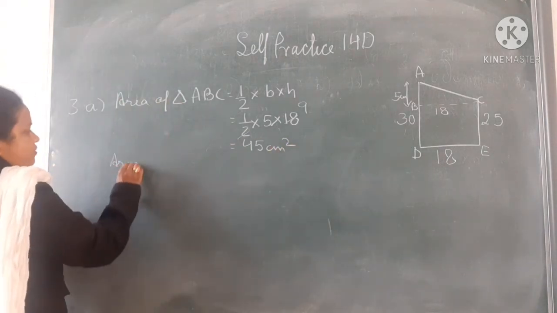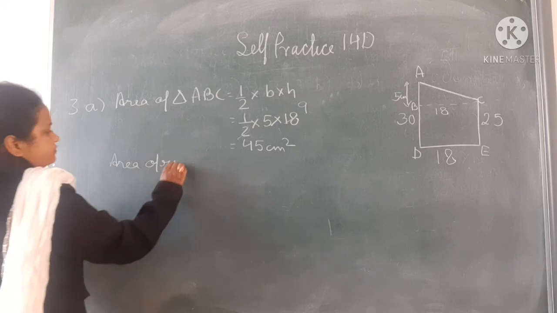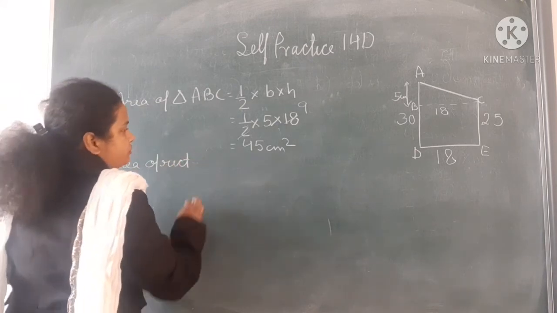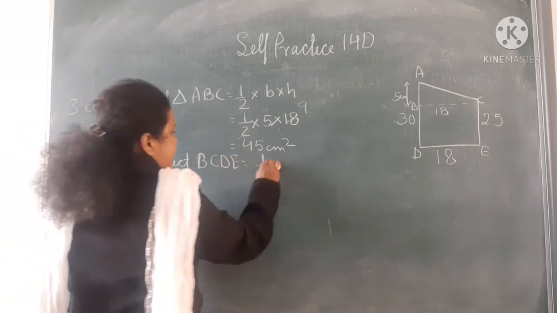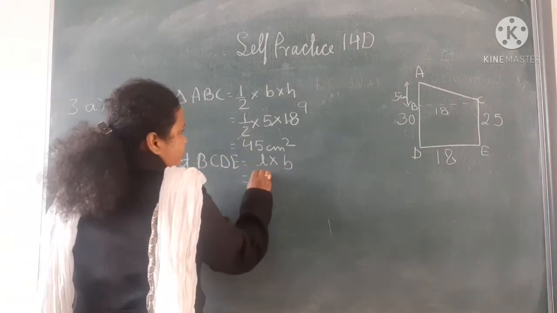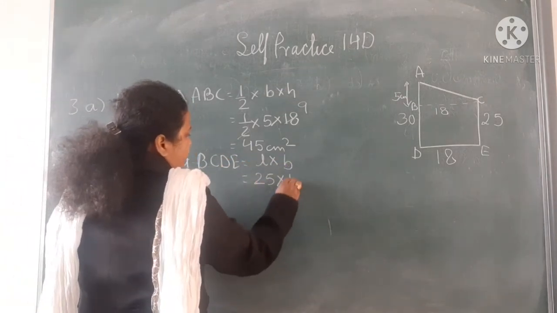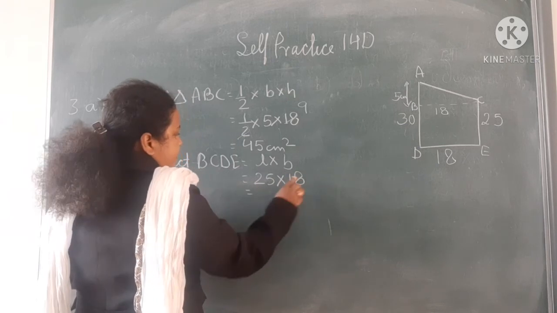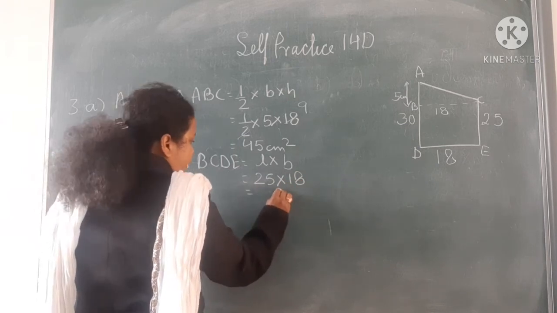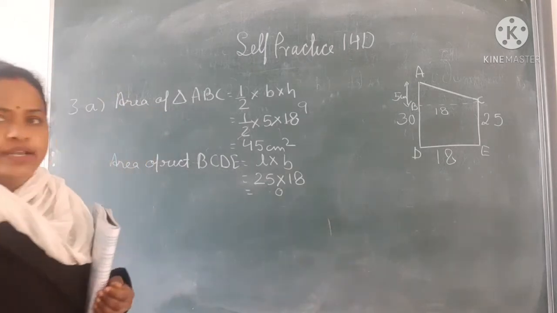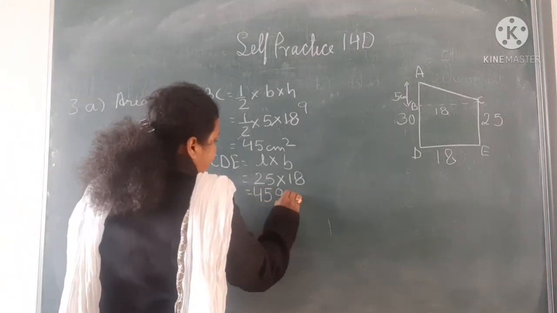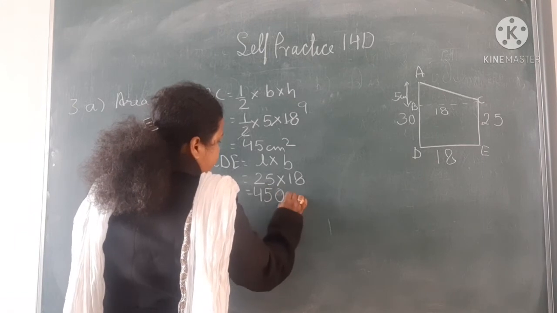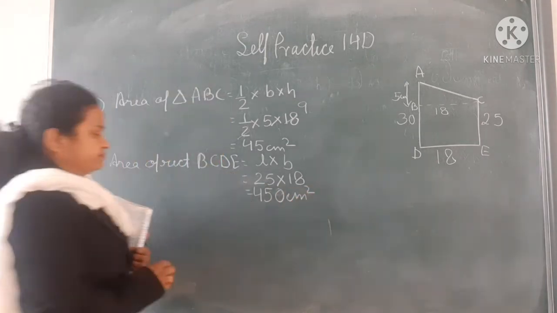Now area of rectangle BCDE, that is length into breadth, 25 into 18. 25 8s are 200, 25 1s are 25, and plus 20, 450 centimeter square.